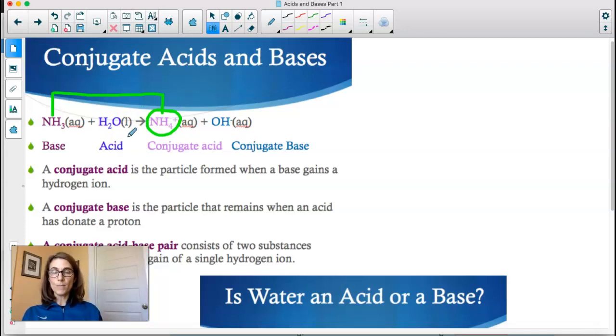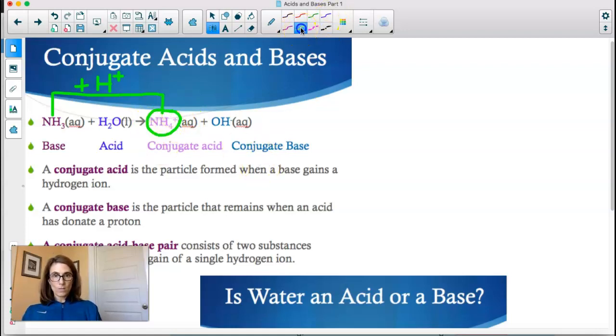So ammonium is the conjugate acid of our base ammonia, and it becomes that conjugate acid by accepting H plus. NH3 in this case is our H plus acceptor, to become NH4 plus.